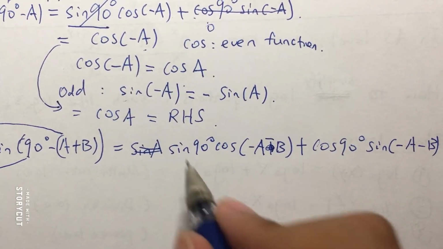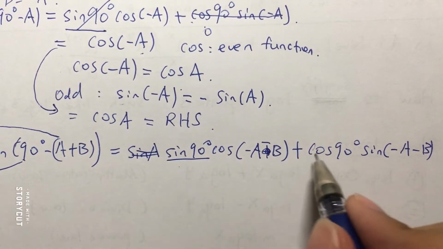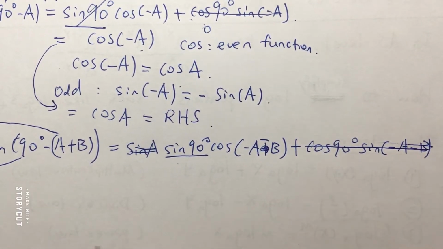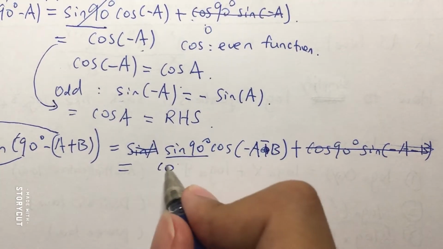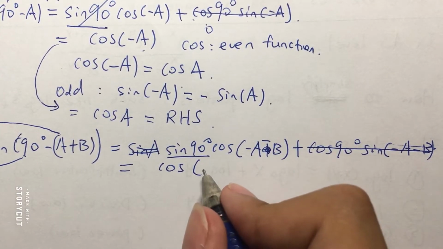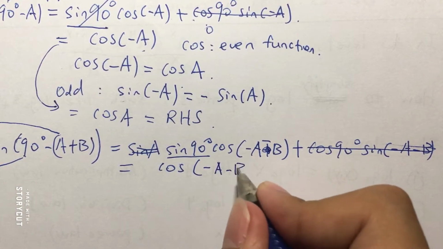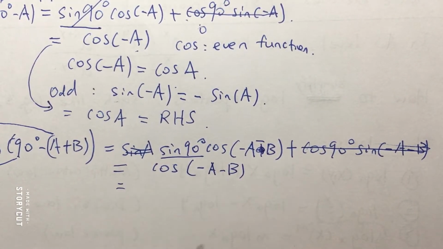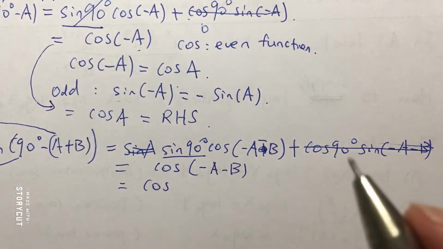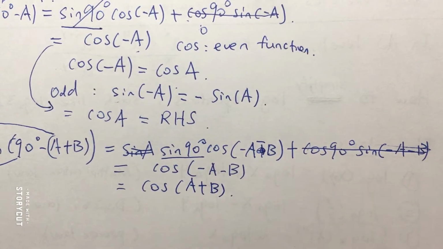And the same thing, sine 90 degrees is equal to 1 and cosine 90 degrees is equal to 0, which means this section can cancel out. So it equals cosine (negative (A plus B)), which is cosine (A plus B).